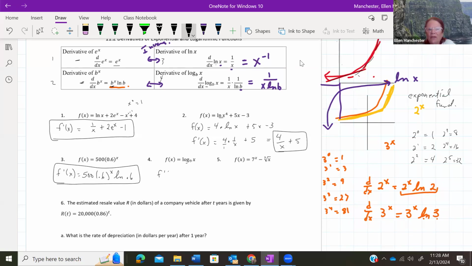So my derivative is going to be 1 over x times ln of whatever the base is. So the base is what's going to change. If the base is 5, it's going to be ln 5. If the base is 1,000,000, it's going to be x ln 1,000,000. So whatever that base is, that just goes right there.